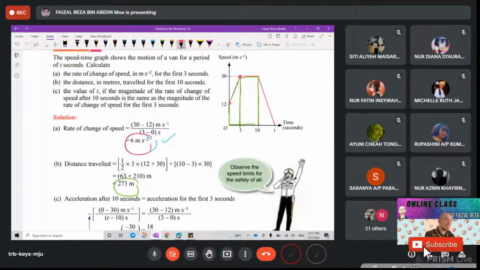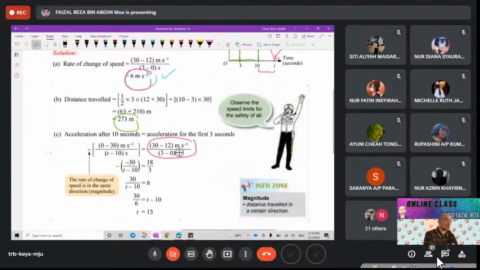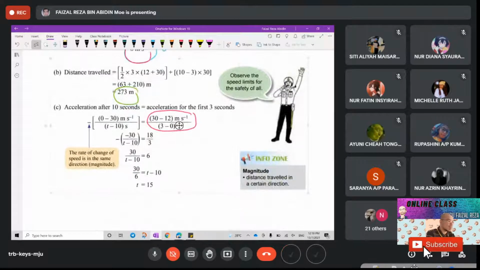So what we have over here, we know already the final speed is going to be 0, minus the initial speed here is 30, over t minus 10. After 10 seconds, it is going to equal 6 m/s² already, you have that one. Okay, so you are going to do some equation over here.